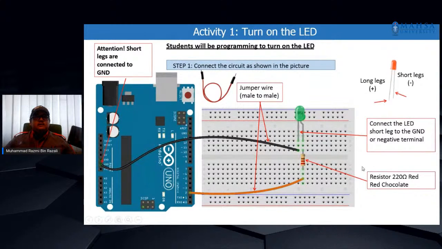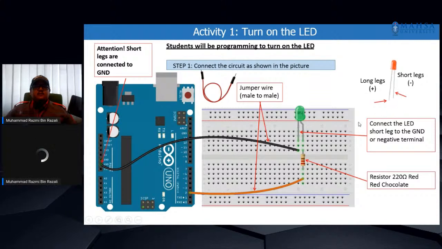Okay, this is the first activity that we will do. We will try to turn on the LED. As you know, an LED has two types of legs: the long leg is the positive, the short leg is the negative.